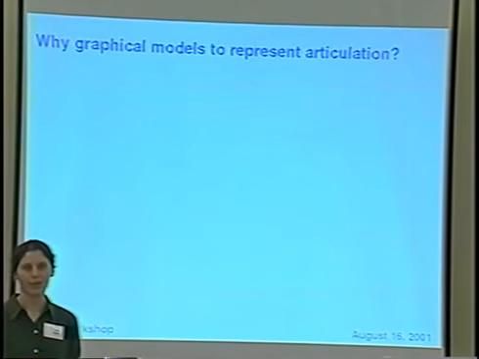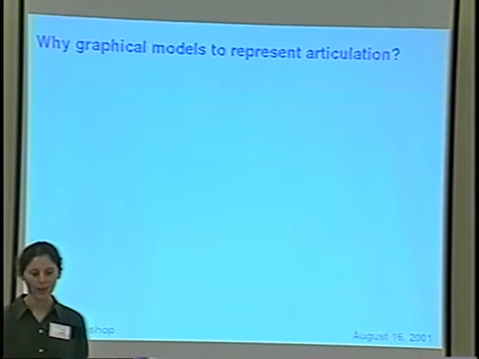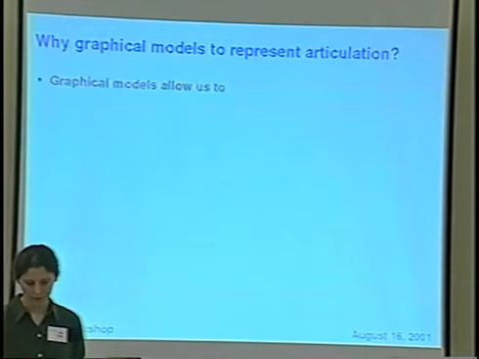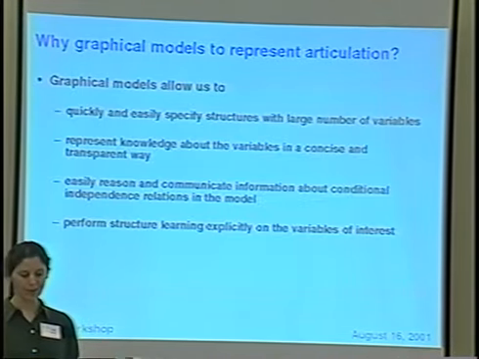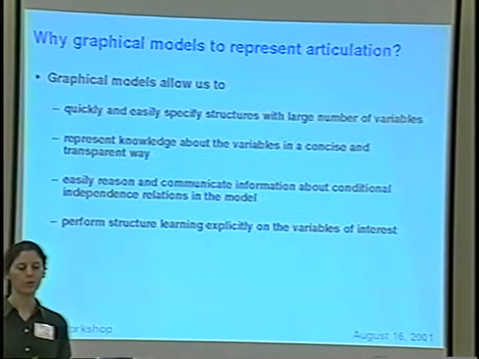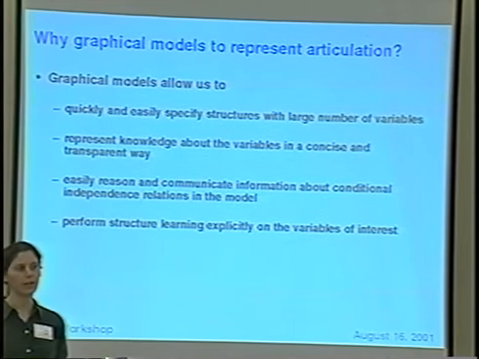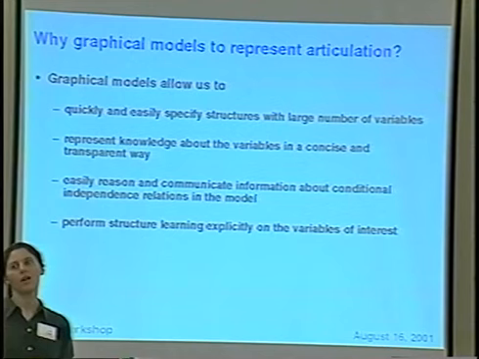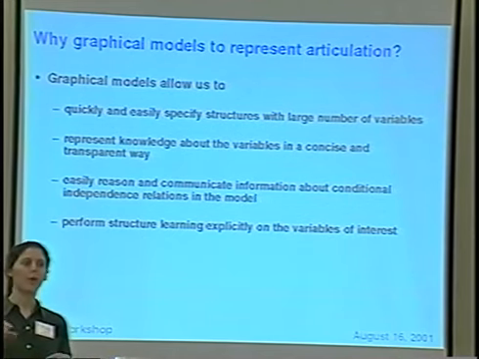Okay, so that was why articulatory modeling. Now, why graphical models to represent articulation? So again, I have a whole bunch of very related bullets. Basically, graphical models are a very concise way and a very transparent way of describing models where you naturally have a lot of variables that you want to describe. So you could collapse all of the articulators into one state, but then it's very difficult to make statements about parts of that state.